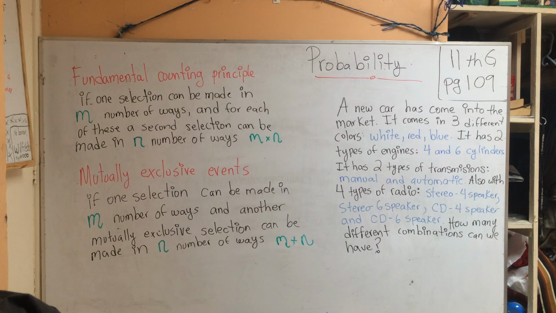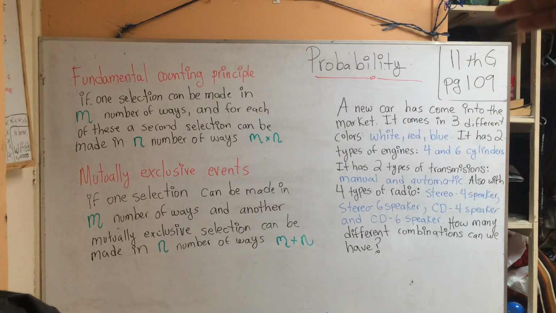Since we have all of these options, 3 colors, 2 types of engines, 2 types of transmissions, and 4 types of radios, the question is: how many different combinations can we have? In this case, we're talking about the fundamental counting principle. The difference here is that we have 4 different options.